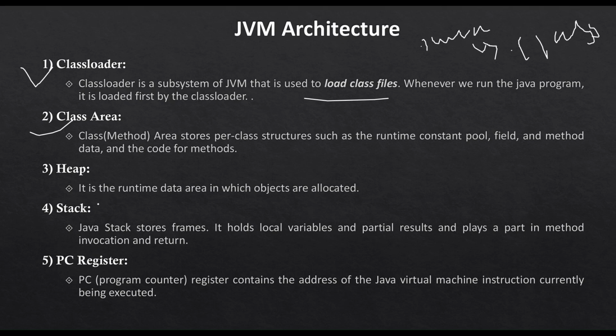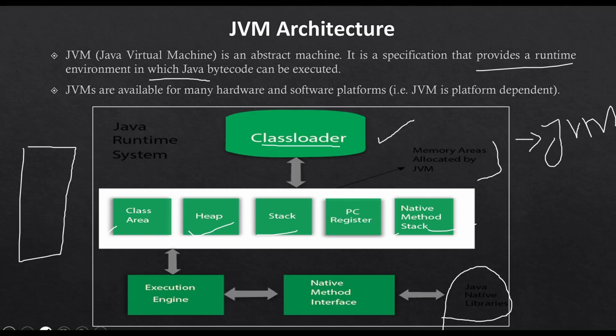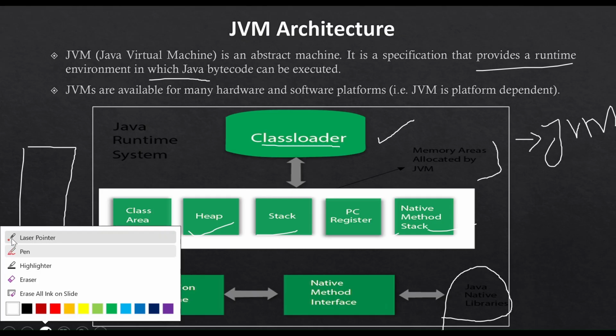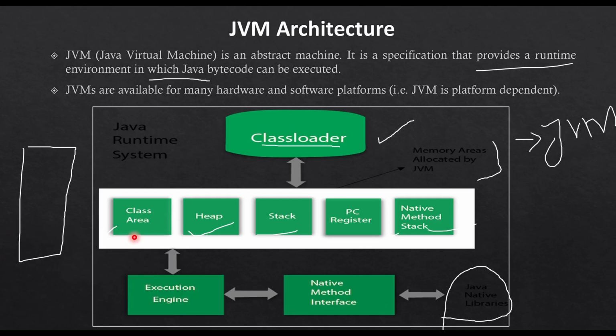Heap is the runtime data area where objects are allocated. If I want to store an object, heap is used. The memory is separated into specific blocks.